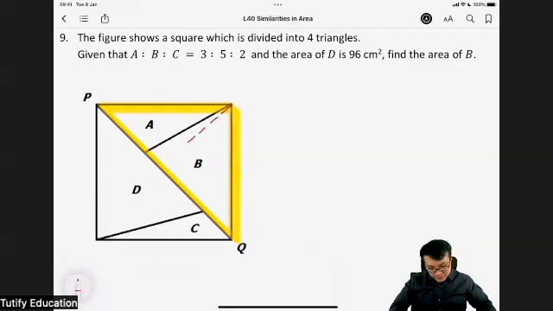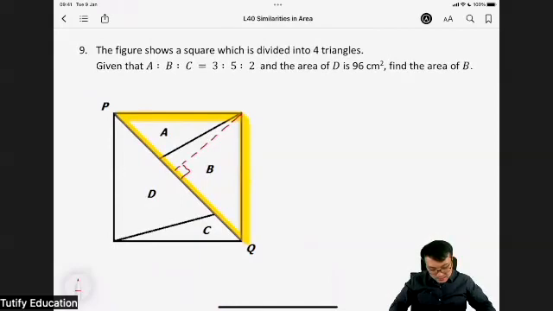Yes. Very good. Let me draw it here. 90 degrees, right, Ben? Yeah. Okay, so if they have the same height, that means the ratio of the area should be the same as the ratio of the base. Okay?